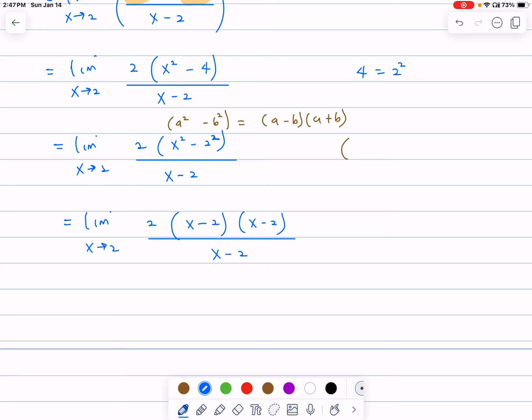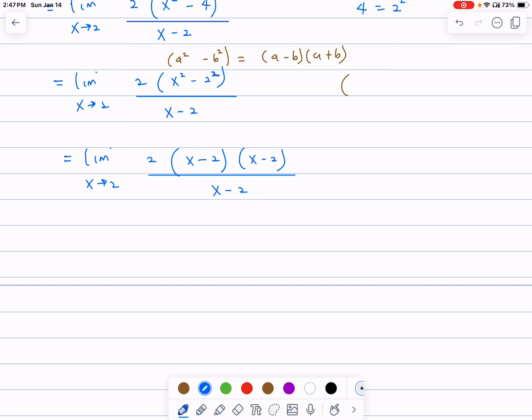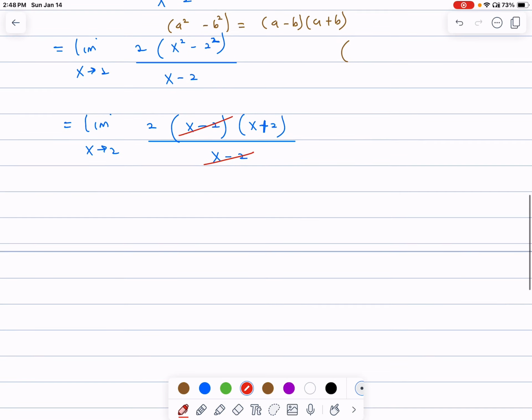Now, oh, this should be a plus here. So there's something that can divide here, the numerator and the denominator, and that is x minus 2. So this is just going to be equal to the limit as x approaches 2 of 2, then I'm left with x plus 2, right?